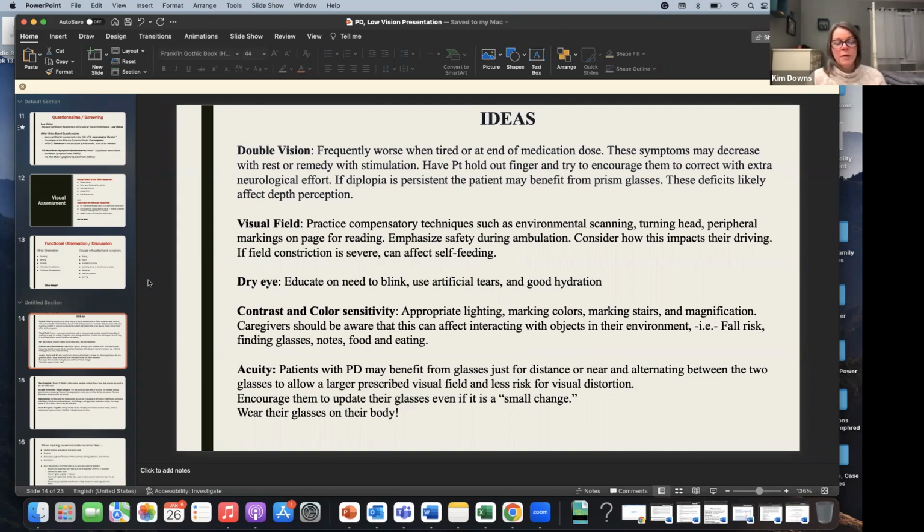So dry eye, for someone who is experiencing dry eye, we need to educate them on their need to blink. If their eyes are painful, using those artificial tears, closing their eyes, resting them a little bit so they can lubricate, and really hammering about that hydration, their need to drink water, just so much water all day.